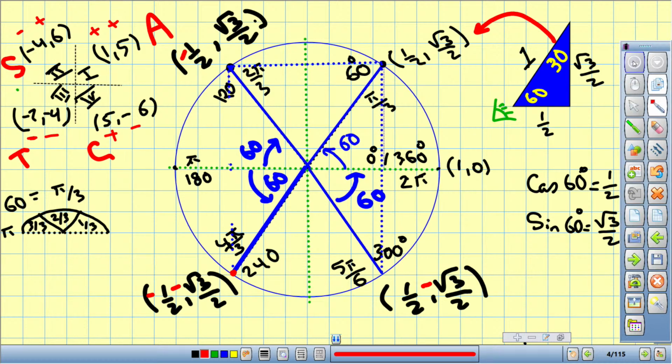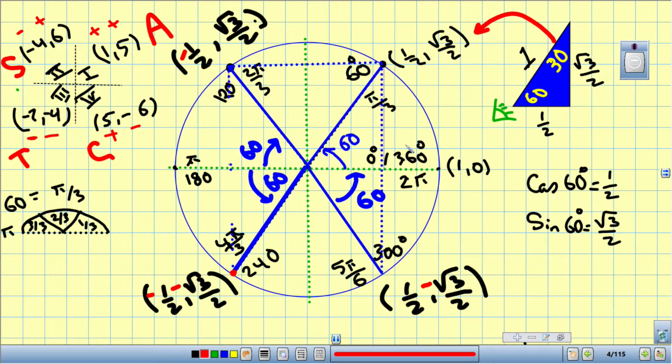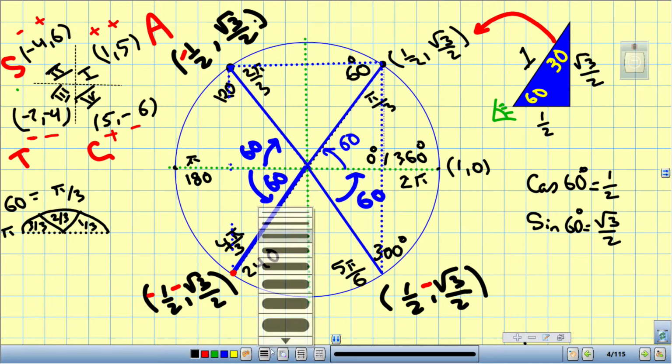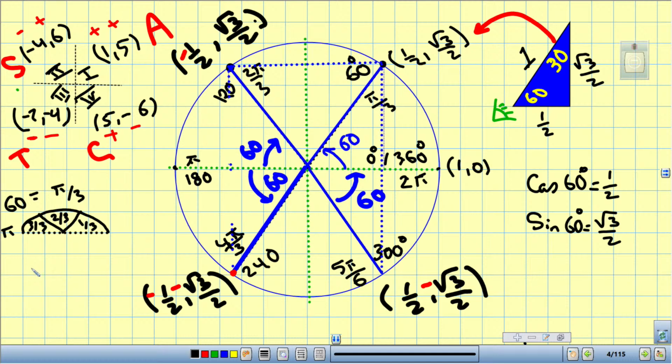Oh, good Lord. Back to Kiera's question. Kiera quizzed me and she said, was it cosine or sine, Kiera? Did you say cosine 240 or sine 240? Ah, sneaky Kiera. Okay, she said sine. So what do you think sine 240 is?